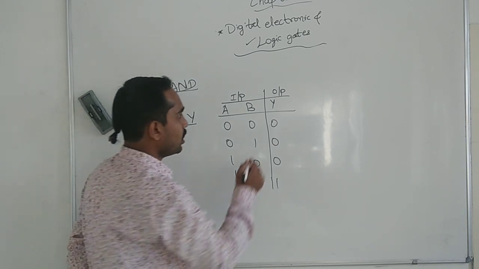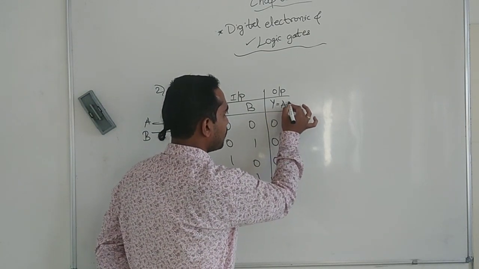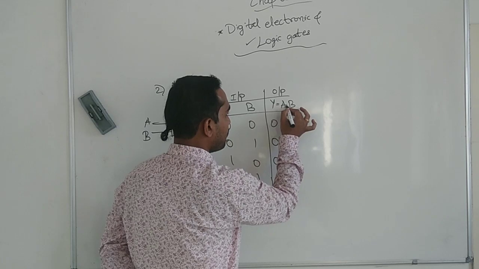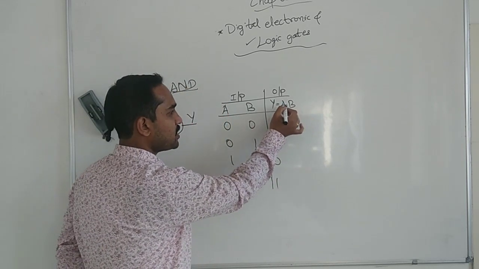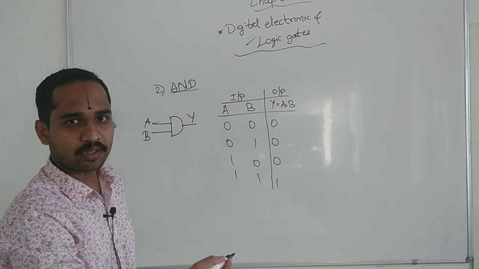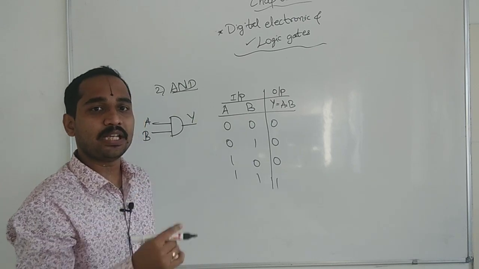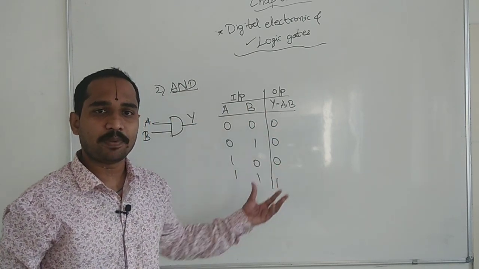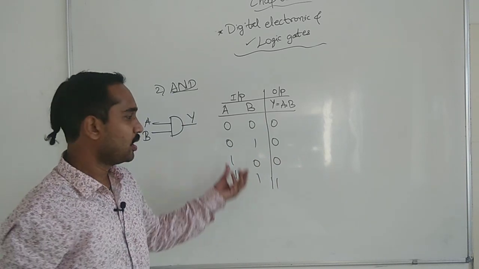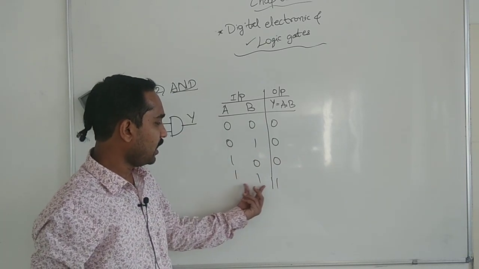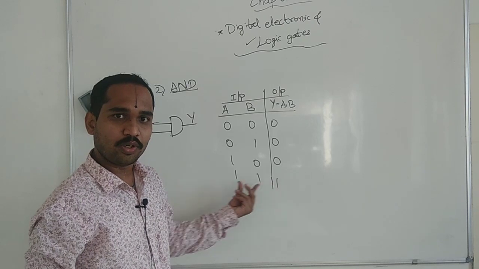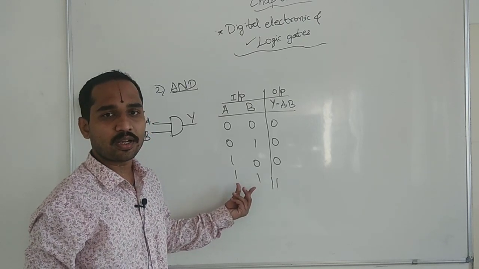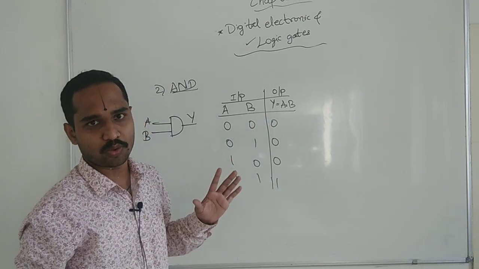So your AND gate follows multiplication. Dot means multiplication: A dot B. Your AND gate always follows logical multiplication. The output will be 1 only if both the inputs are 1. Otherwise, it will be 0.